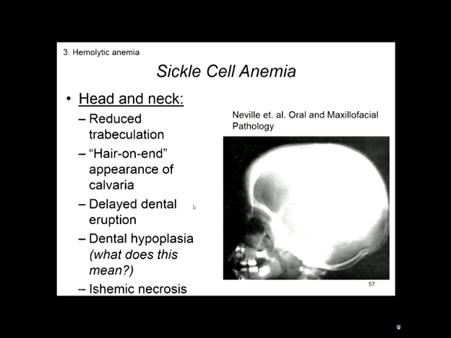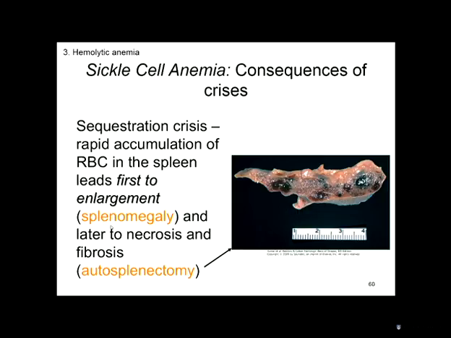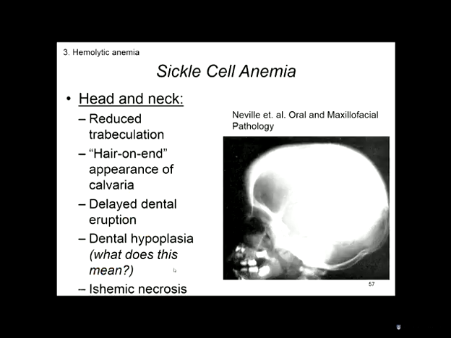And the thing that you don't see with thalassemia as much is delayed dental eruption and hypoplasia, underdeveloped teeth in patients with sickle cell anemia. The reason that you see some of these features, including ischemic necrosis, in sickle cell anemia is because when the cells sickle, especially under stressful conditions, and there are a number of them that are created in the dental office, and we'll talk about those in a minute when we talk about crisis, when these cells change their shape to a sickle shape, they stack.